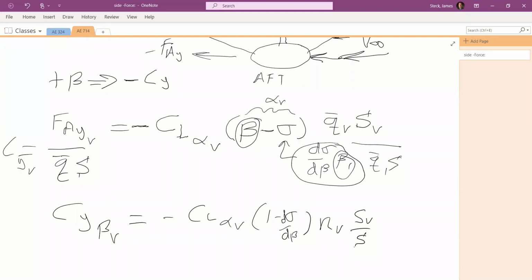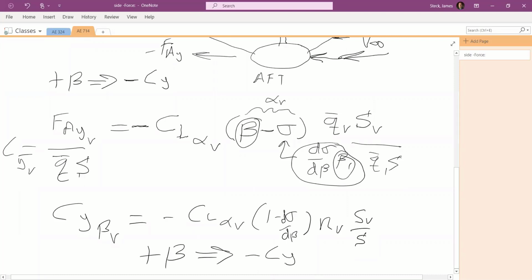So there's a formula for the vertical tail, and then for the fuselage and the wing, it's just a picture and an explanation. All right, notice from this as well, a positive beta gives a negative side force.